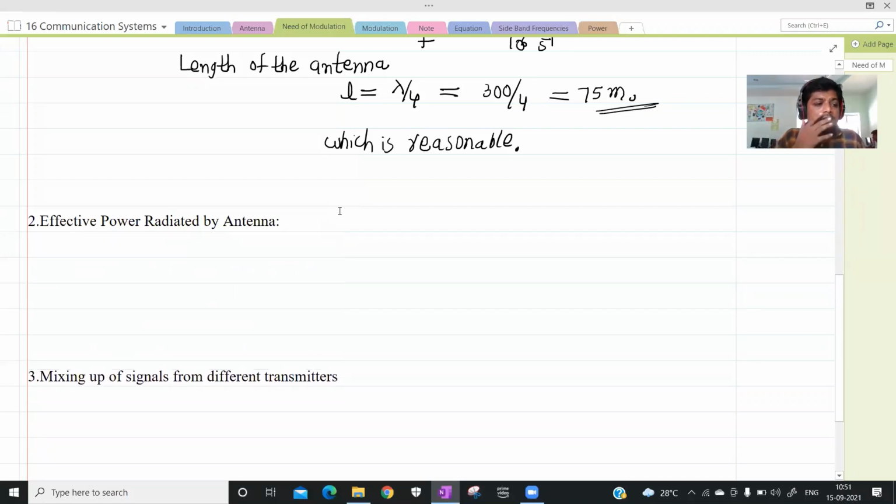Next, the effective power radiated by antenna.